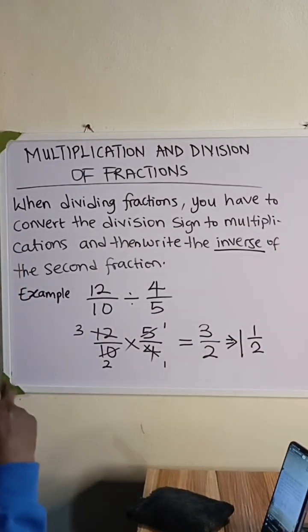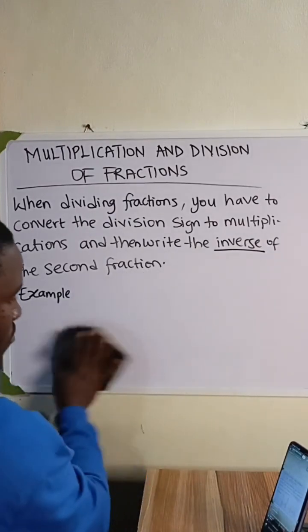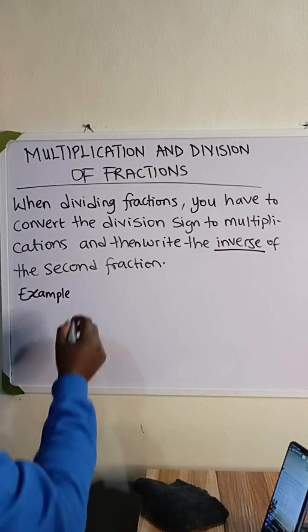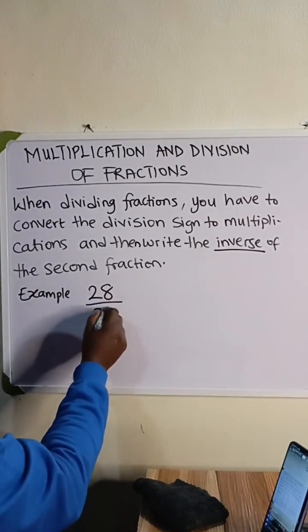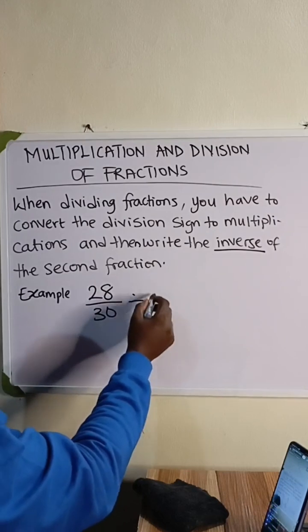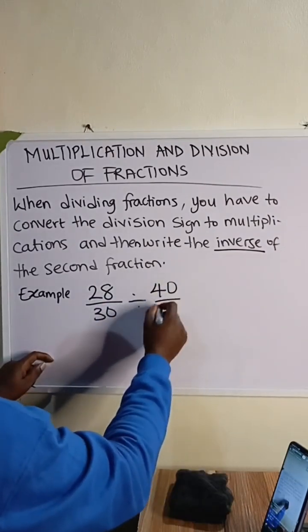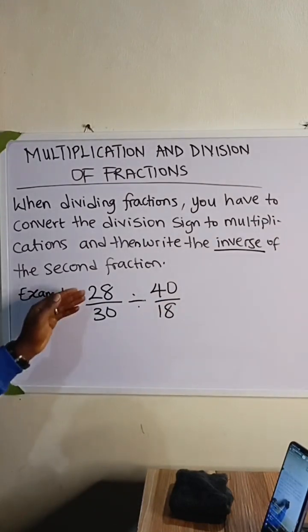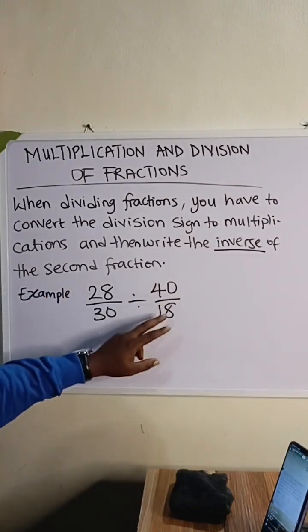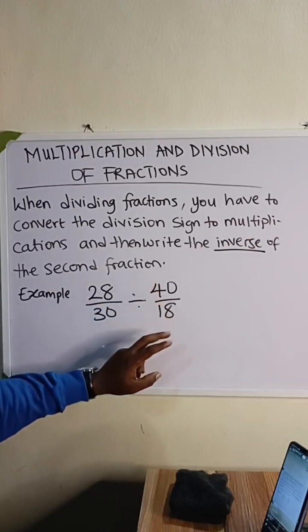Let me do one more example for division before we go. Okay, so let's look at this situation. 28 over 30 divided by 40 over 18.